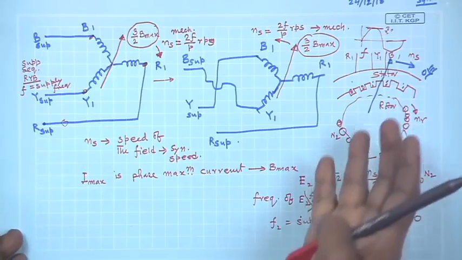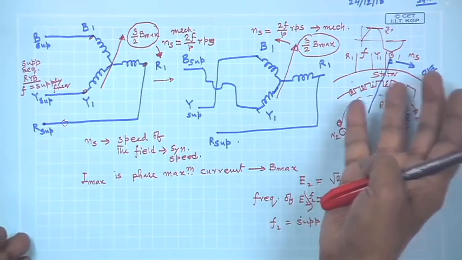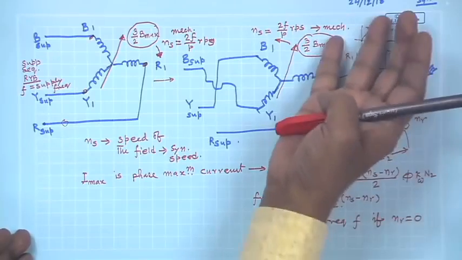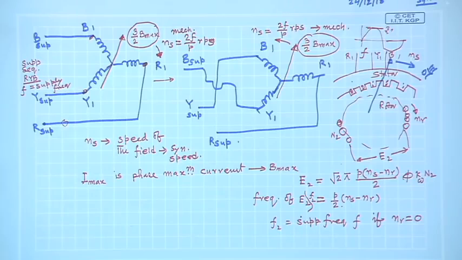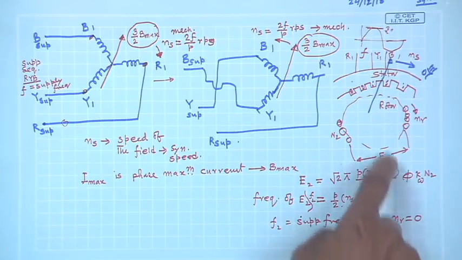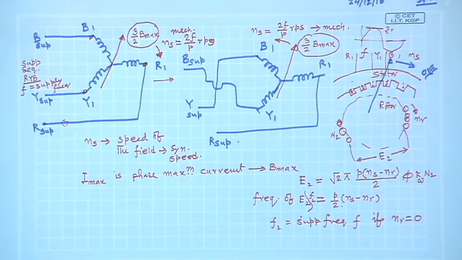But here, if you regard the stator coils as your primary where you are connecting supply and the rotor coils as your secondary, we immediately notice that if the rotor rotates, then the frequency of rotor voltages and applied voltage on the stator will be different. In fact, Ns minus Nr will decide the frequency of the rotor induced voltage.